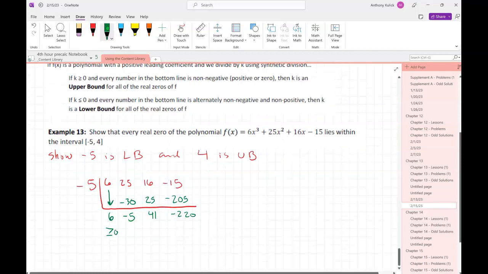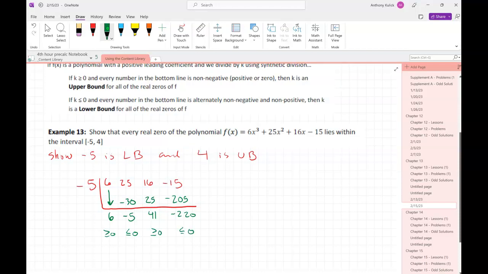My first number is greater than or equal to 0, then I have less than or equal to 0, greater than or equal to 0, less than or equal to 0. So for my lower bound, every number in the bottom line alternates from non-negative to non-positive. That is what I see.